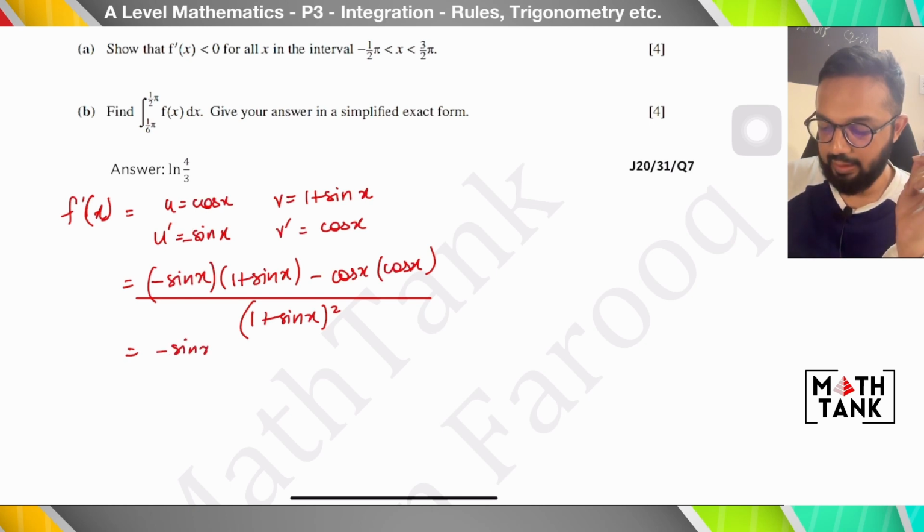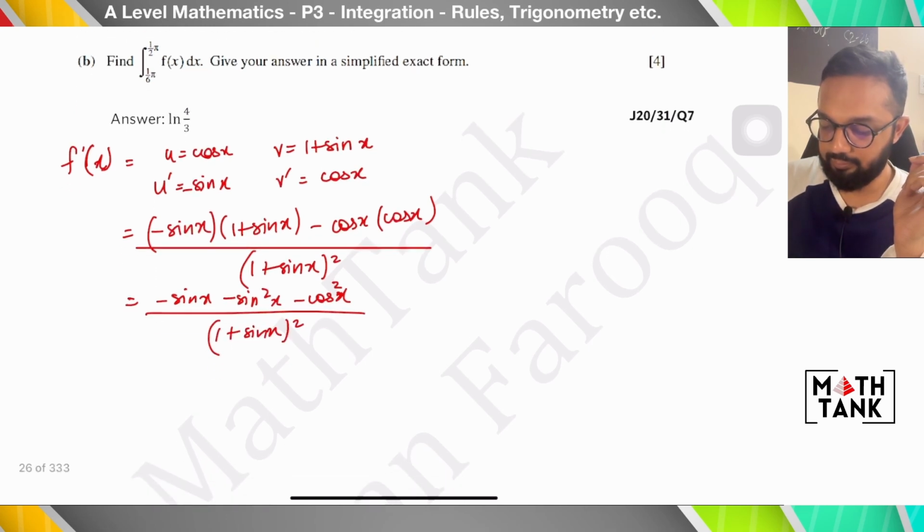So minus sin x minus sin squared x minus cos squared x. Pulling out a negative common gives me sin x plus sin squared x plus cos squared x. Now I remember from my identities that sin squared x plus cos squared x is 1.